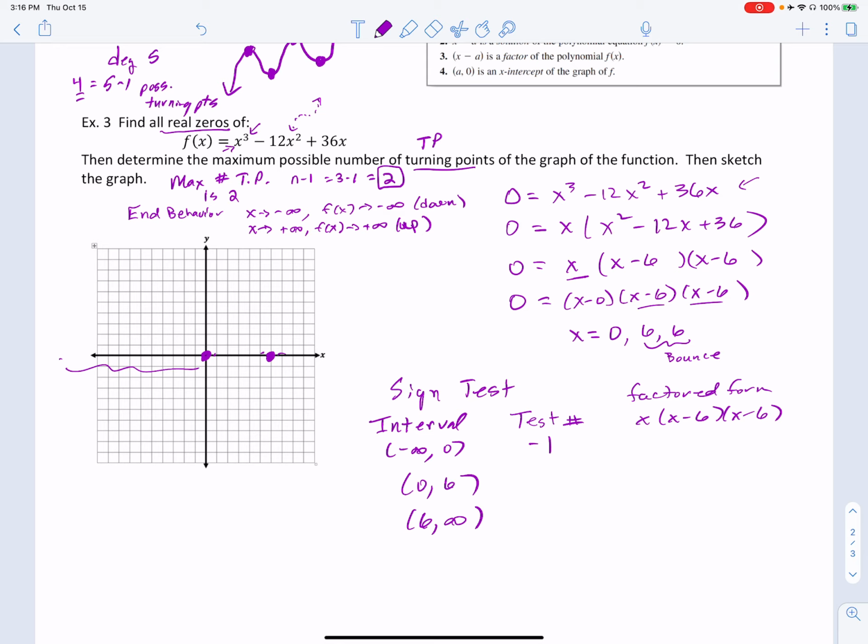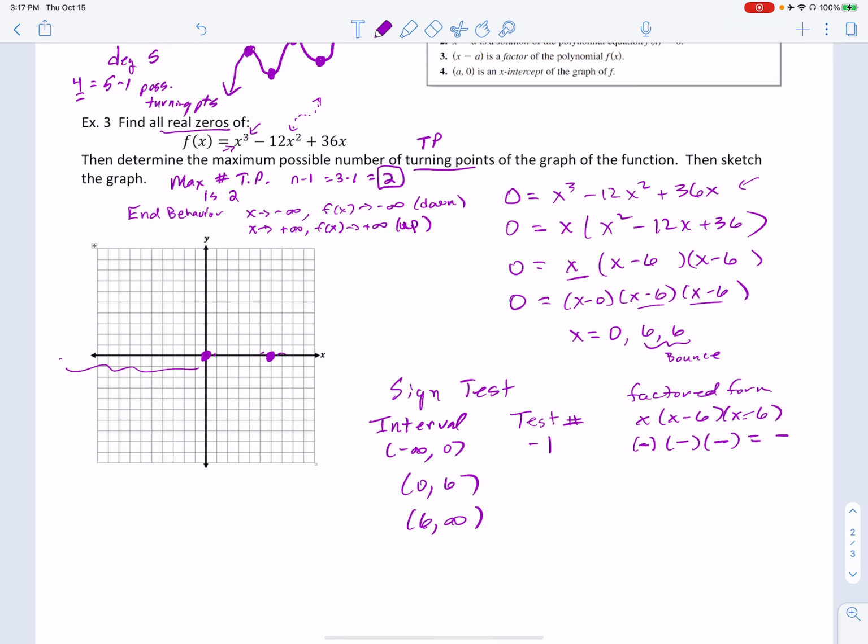So if x is -1, this is negative. If I put -1 into the second one, -1 minus 6 is -7. It's negative. I'm not so much concerned about the value as the sign of it. Is it positive or negative? I put -1 in for x here, I get -7, so it's negative. And since these are a product, I'm going to get a negative times a negative times a negative.